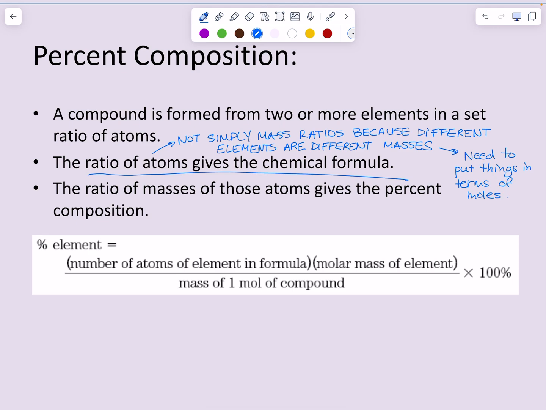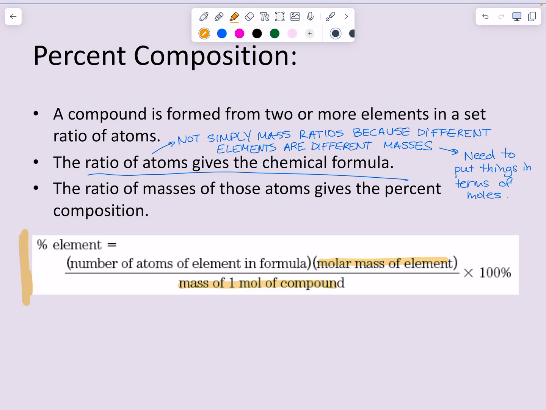All right. So the ratio of our masses, okay, gives us our percent composition, okay? But again, when I say we can't leave out the moles, that's what I mean, okay? So the calculation that we just did on the previous slide, okay, if we want to generalize it, it boils down to this formula right here, okay?